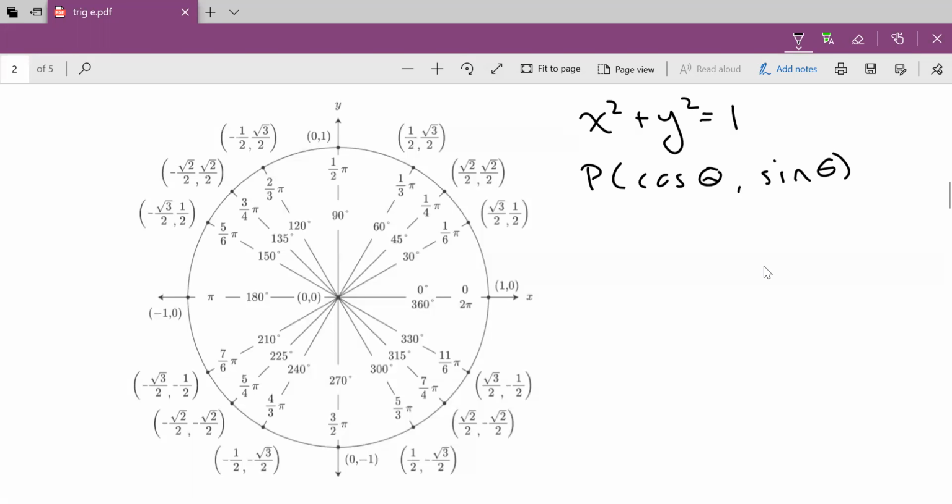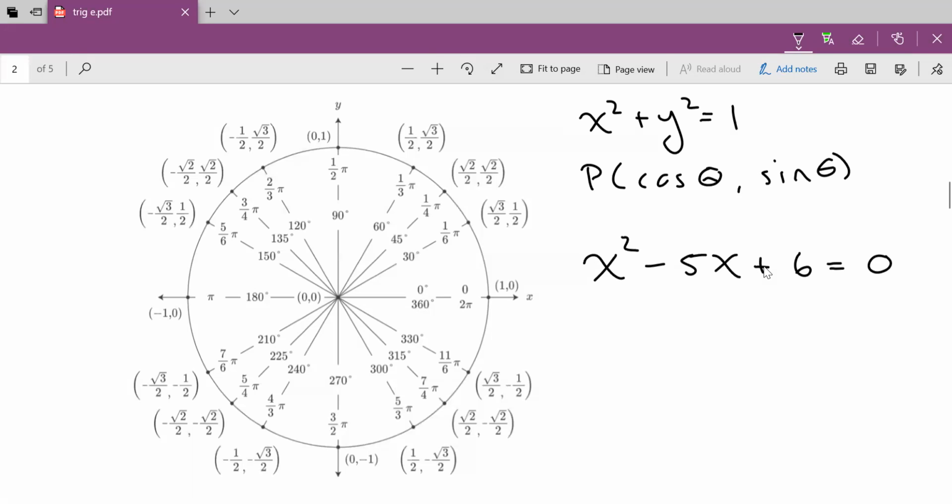Perfect. Now that we've talked about that, what we're going to look at is solving basic trig equations. Before we do that, let's go back and look at some basic equations that we were asked to solve in grade 11. Like this. Here's a quadratic. So it's an equation because it's equal to a value.